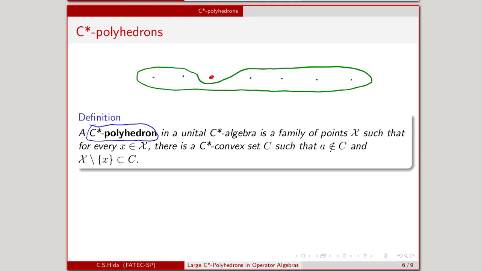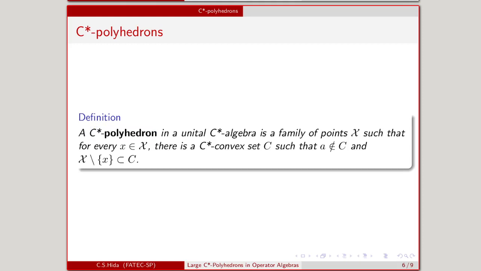We can ask the same question we did in Banach space: how big can this family be in a C-star algebra? Again, the density of the C-star algebra is the upper bound for the size of a C-star polyhedron.